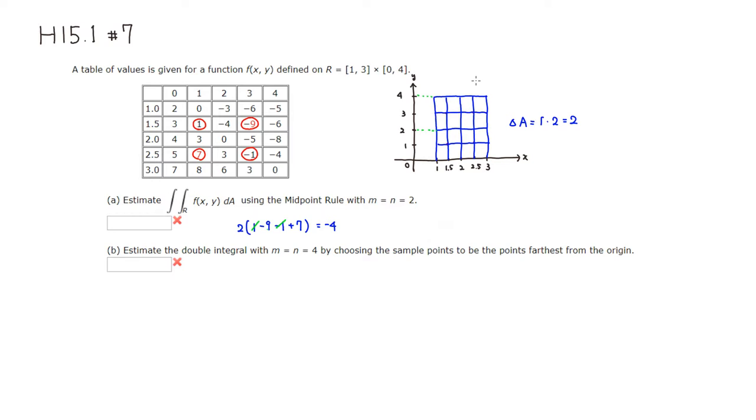Then farthest from the origin, so we are talking about these. For the first one, here is the sample point, here's a sample point, here's a sample point. So we're talking about all these sample points, and there should be 16 of them.